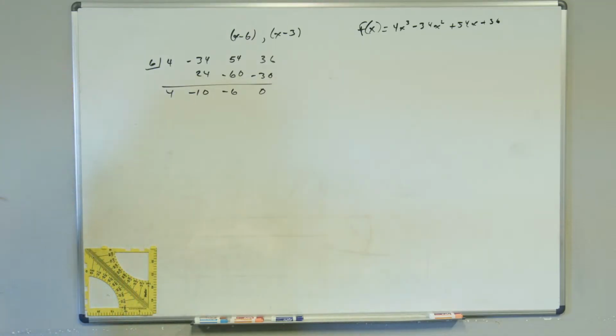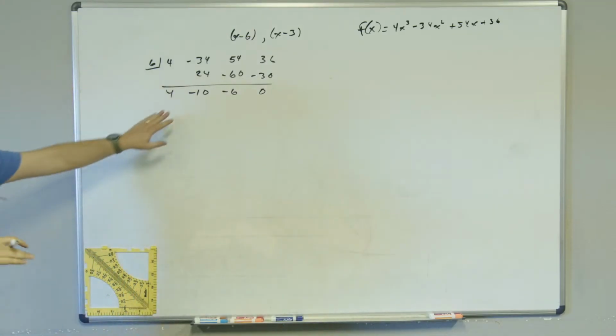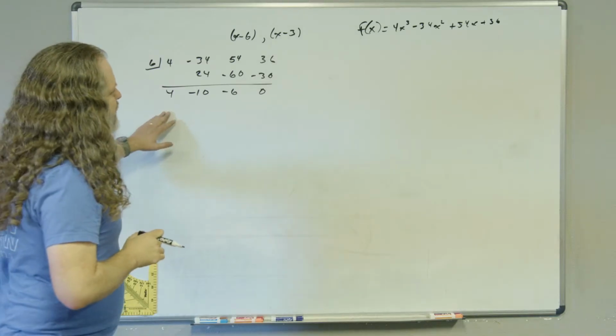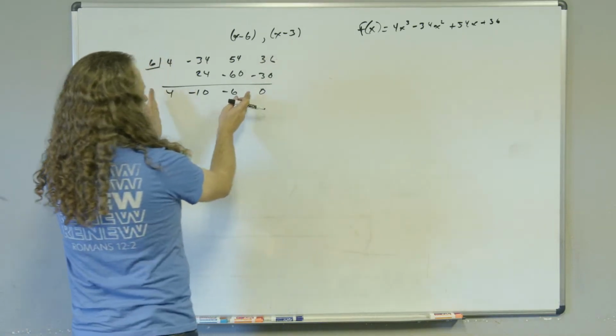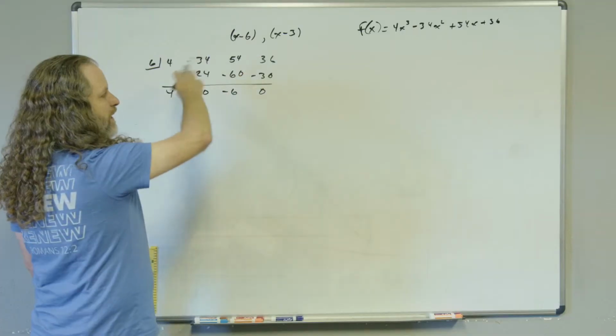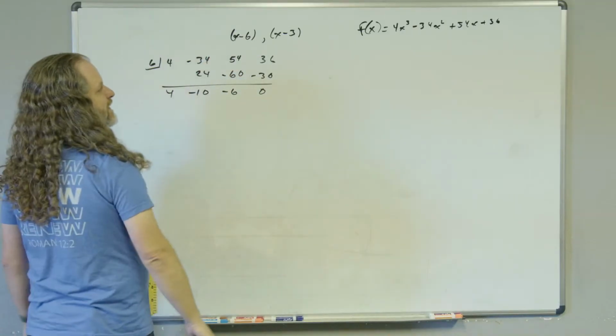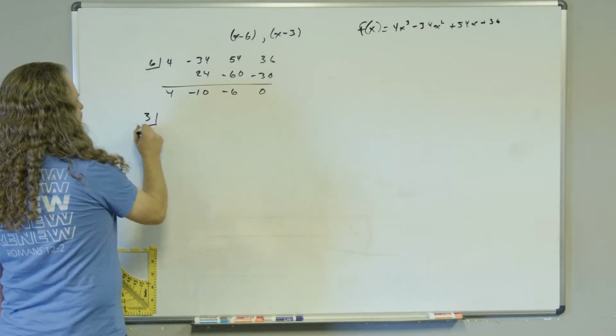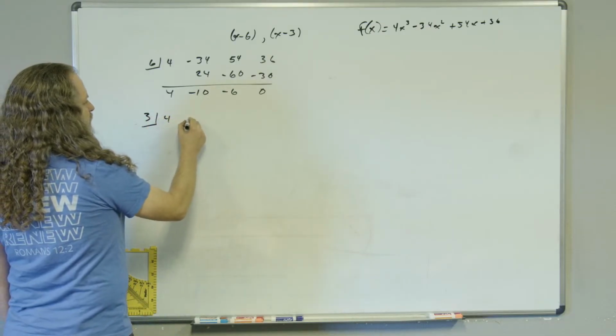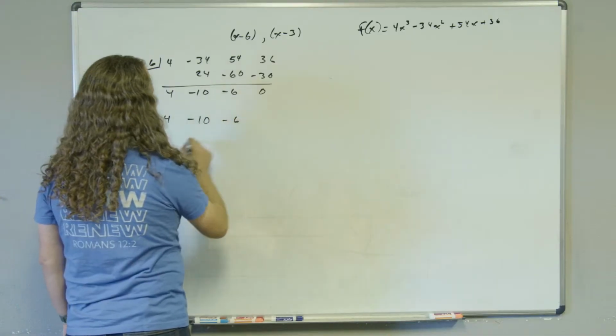Now, here's the cool thing. Since we found one, we can use synthetic division and divide into the depressed one instead of the big one. So we can go 3, and then 4, negative 10, negative 6.